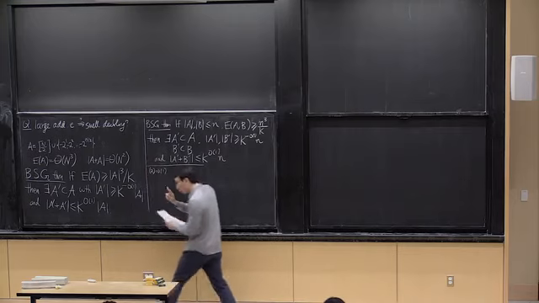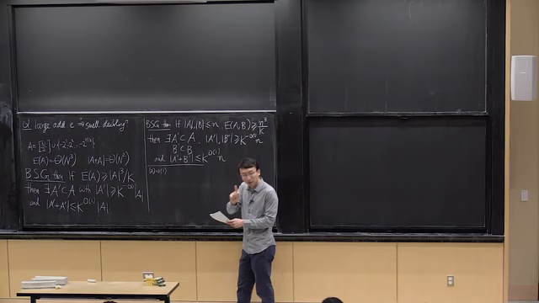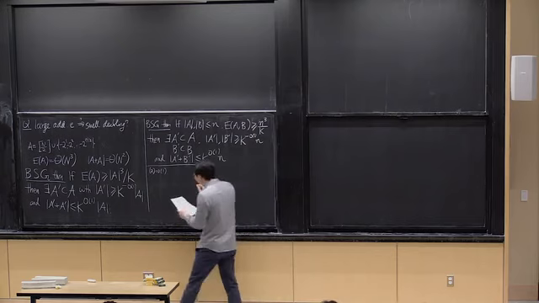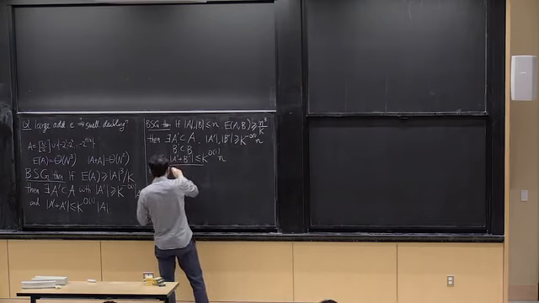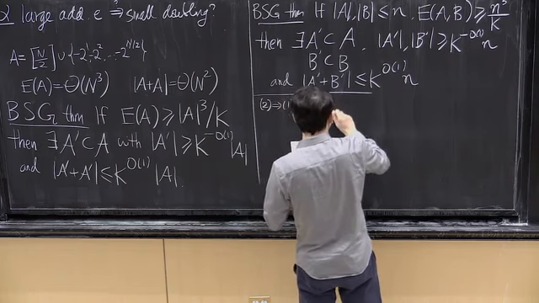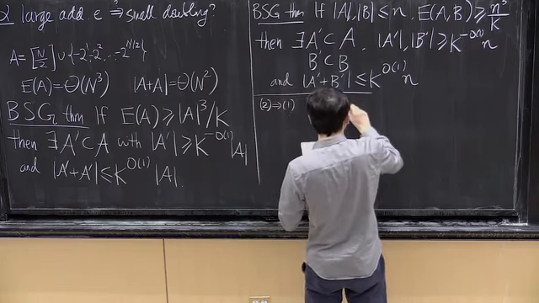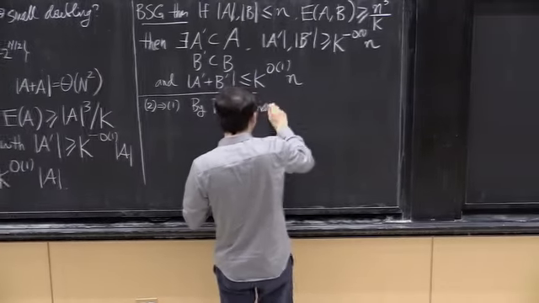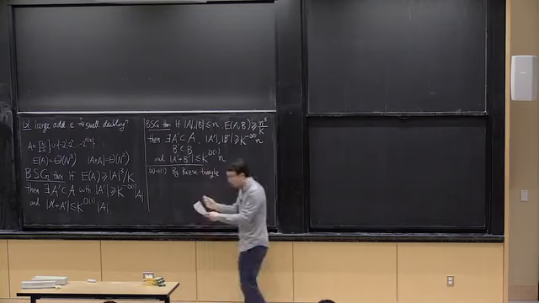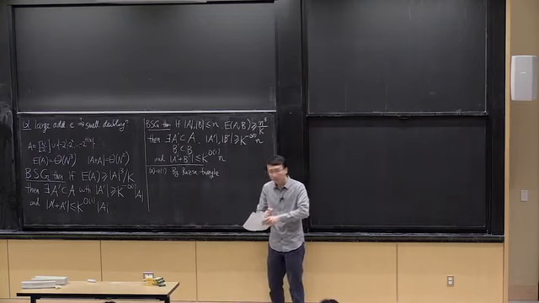Second version implies the first version, because there's a tool that we introduced early on when we discussed Freiman's theorem, and this is the Ruzsa triangle inequality. The spirit of the Ruzsa triangle inequality is that it allows you to go back and forth between different sum sets and different sets.